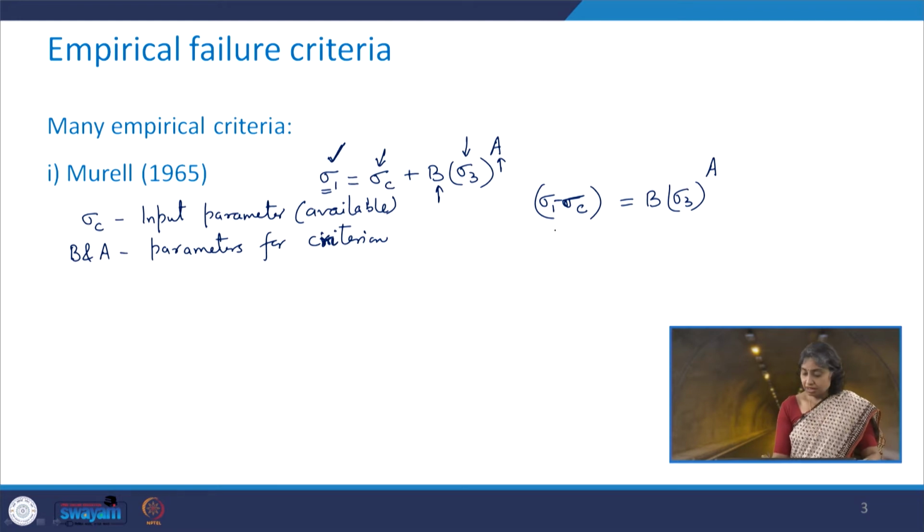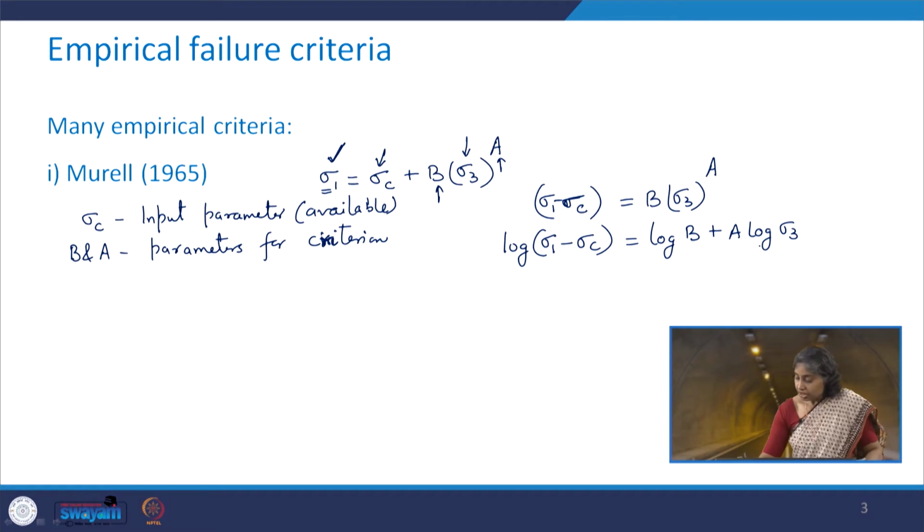Now, take the log on both sides. What you will get is log of sigma 1 minus sigma c equals log b plus a log sigma 3.